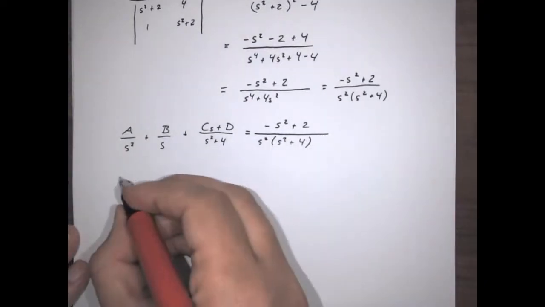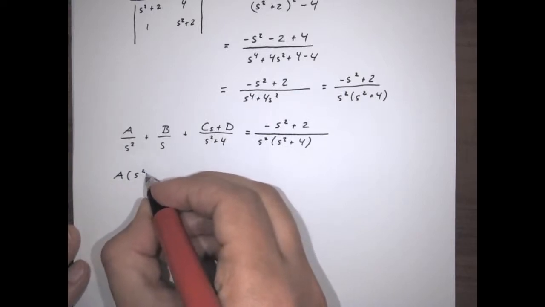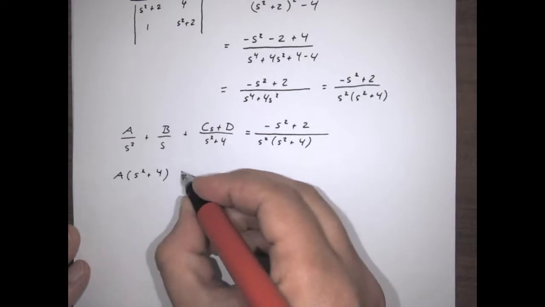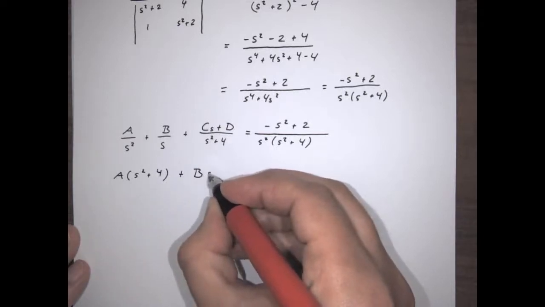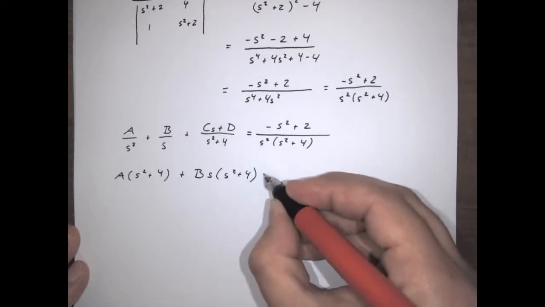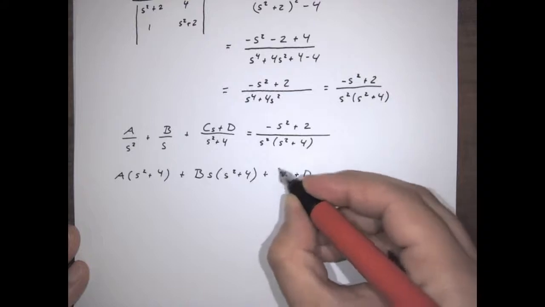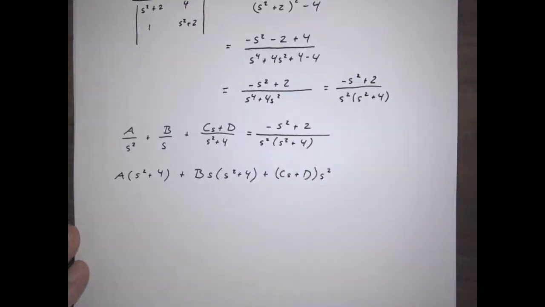So then, if we multiply everything by the common denominator, we're going to have a times s squared plus 4 plus b times s squared plus 4 plus cs plus d times s squared.